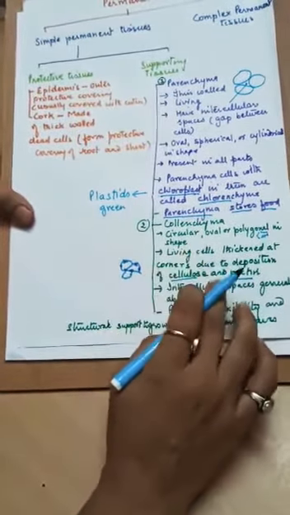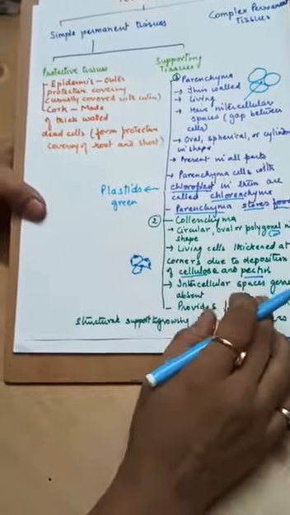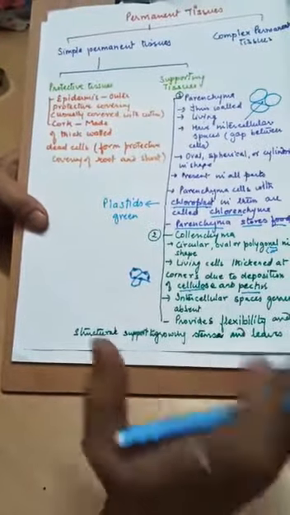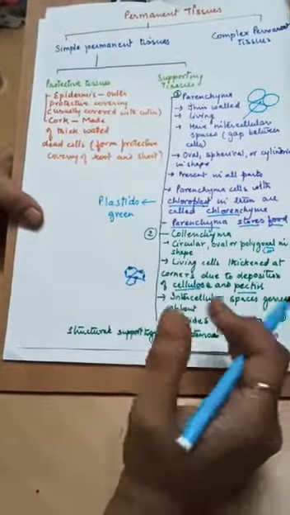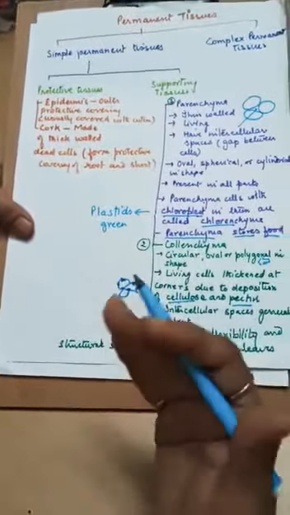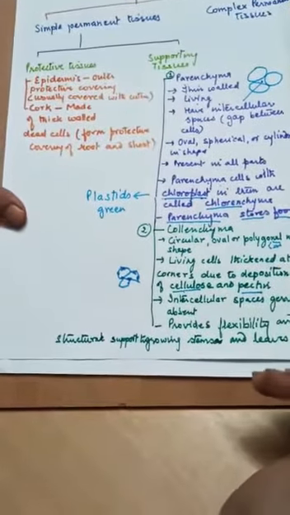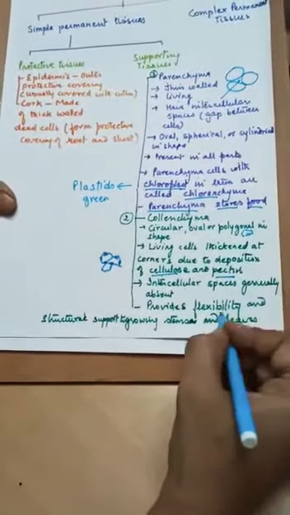They have the function to provide flexibility. You have observed that when the wind blows, the tree bends from one direction to other direction according to the speed and the direction of the wind blowing. But they never break easily.